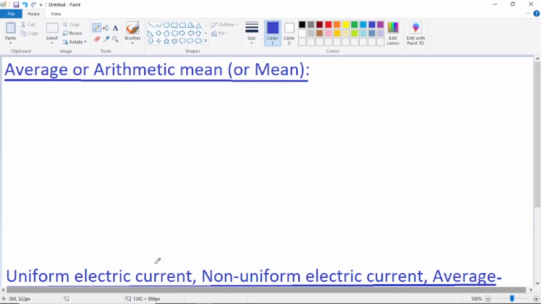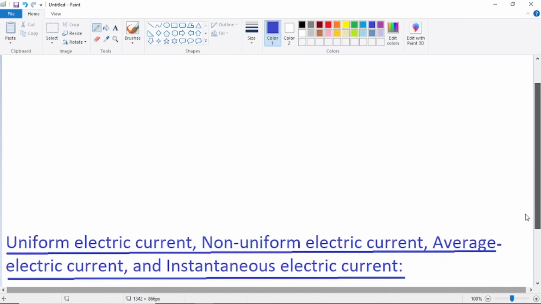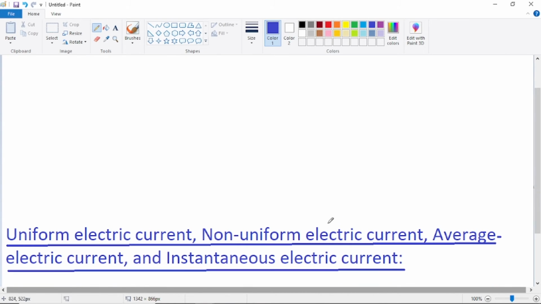These four definitions can be seen at the bottom of the screen, given as side headings: uniform electric current, non-uniform electric current, average electric current, and instantaneous electric current. All these four definitions are very useful for this lesson, alternating current circuits.